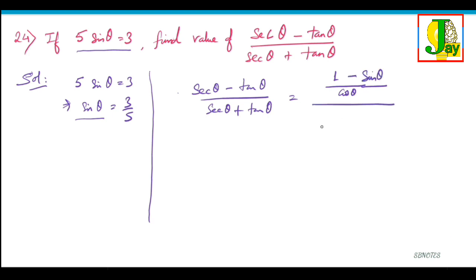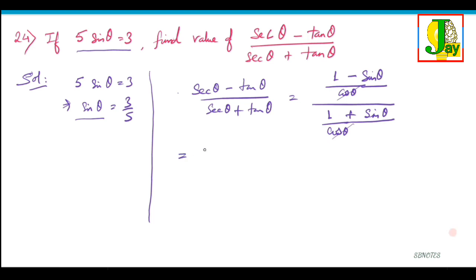In a similar way, in the denominator this is 1 by cos theta plus sin theta by cos theta, so the LCM is cos theta only: 1 plus sin theta. Now we can cancel cos theta from numerator and denominator, since multiplying both by cos theta gets it cancelled.